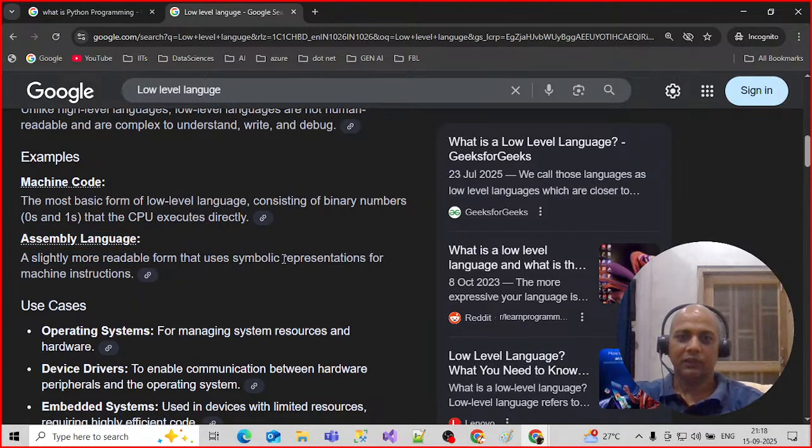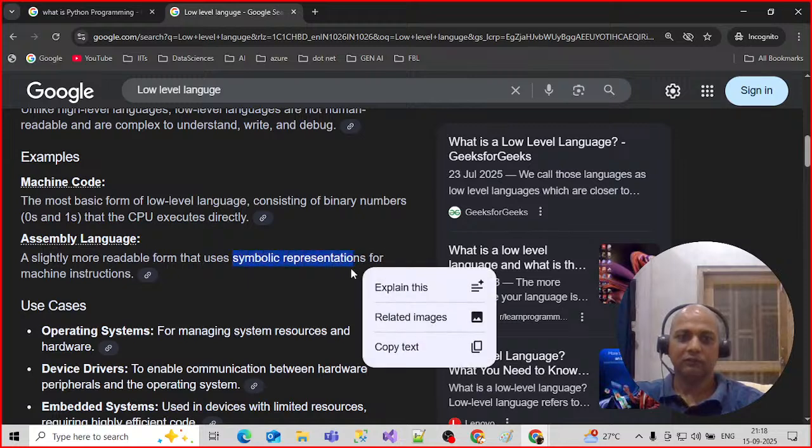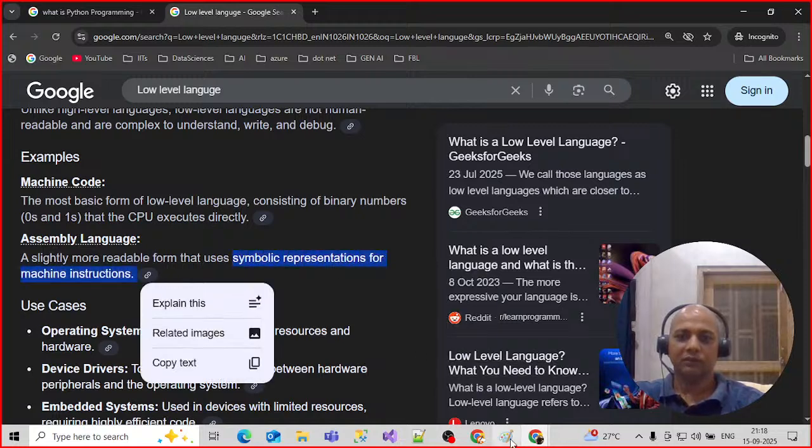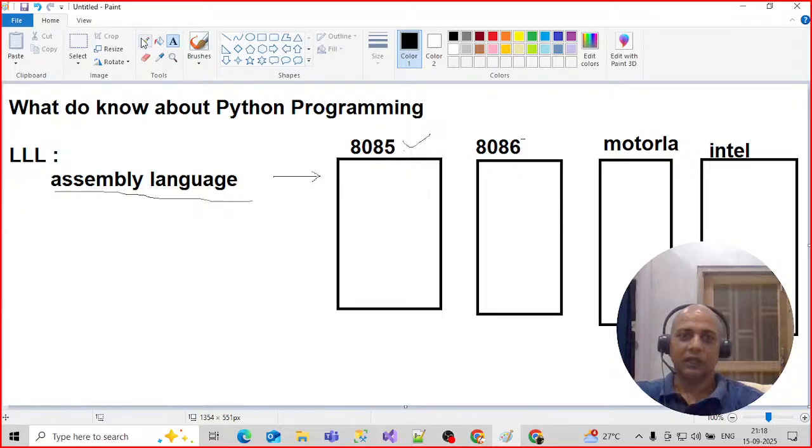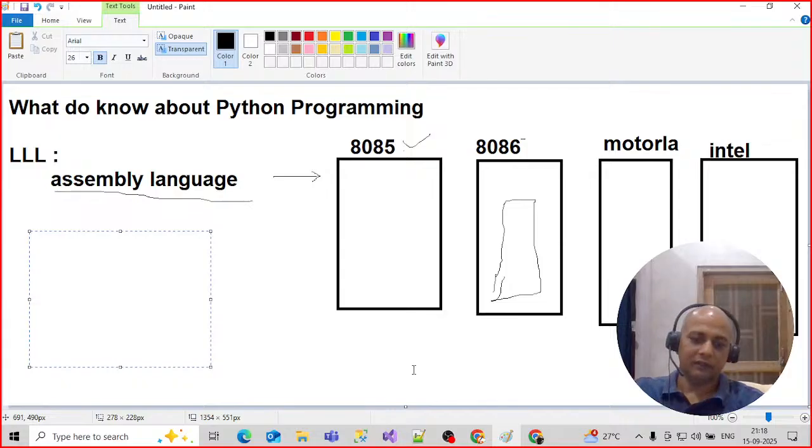So here we used symbols. What symbols we used? Actually, we could know in this processor, we have different registers, memory parts, all that. Suppose we had data segment, we had stack segment, right?